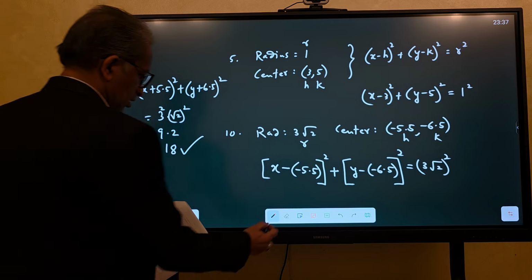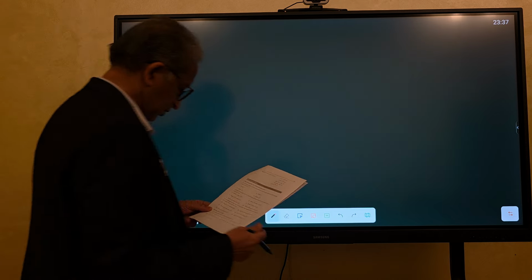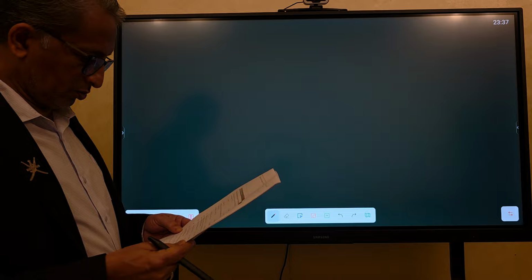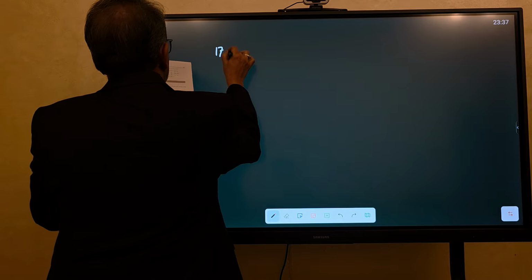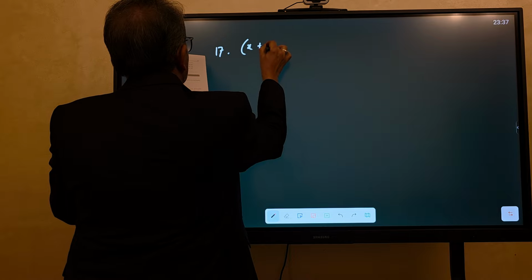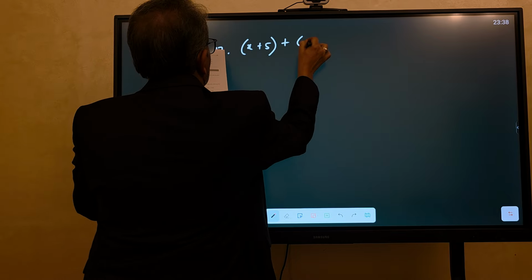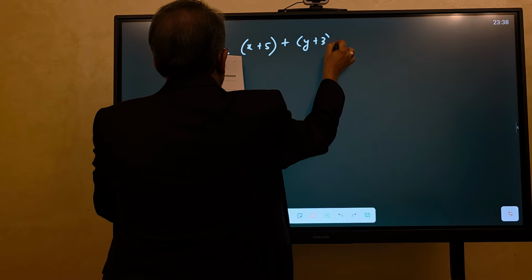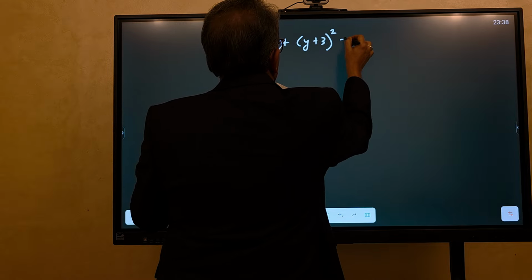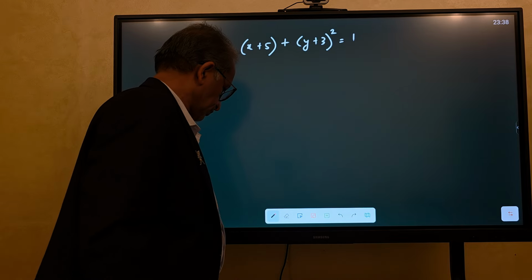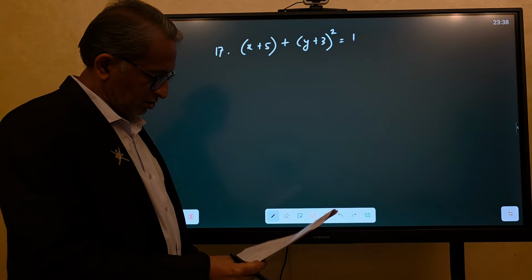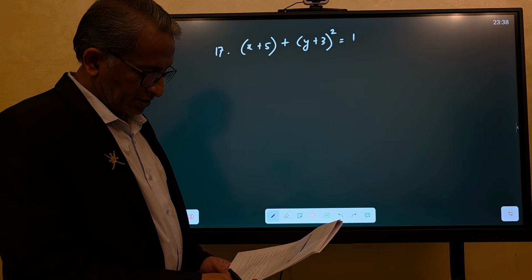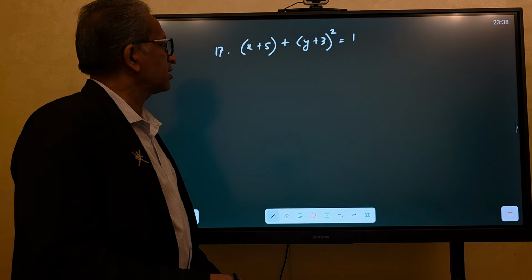Let's see the next set of questions, that is 17 to 22. Let's do question number 17. x plus 5 whole square plus y plus 3 square equal to 1. What's your question here? In the following exercises, find the center and the radius.